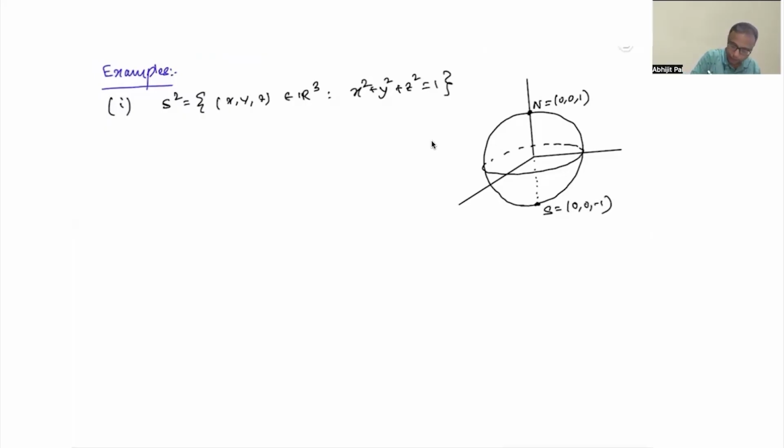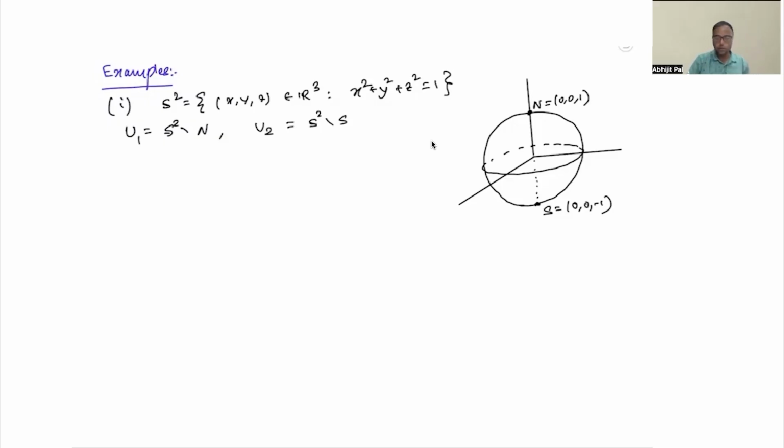You take S2 minus the north pole, so you delete the north pole. Let us take U1 to be S2 minus N, and U2 to be S2 minus the south pole.